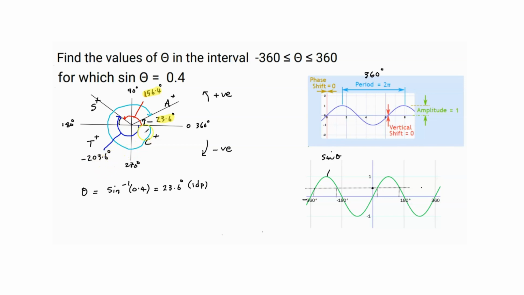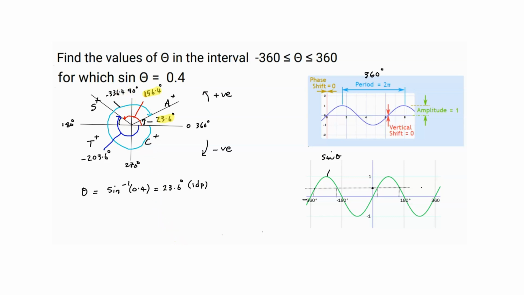And then we want this angle. From here to here would be minus 180 degrees, added to another minus 156.4 degrees, and that gives us minus 336.4 degrees.